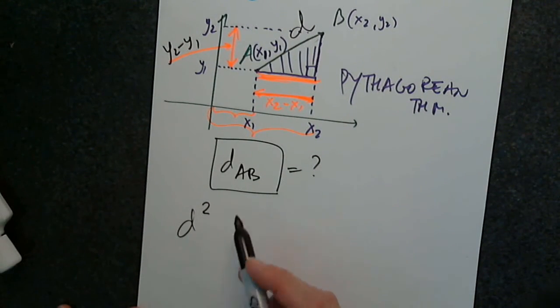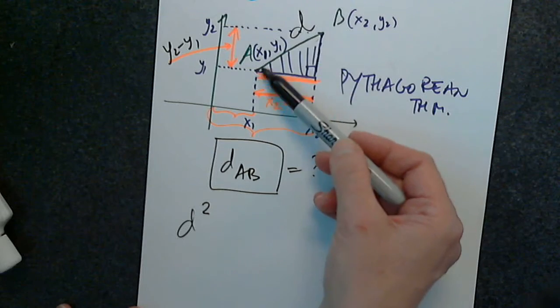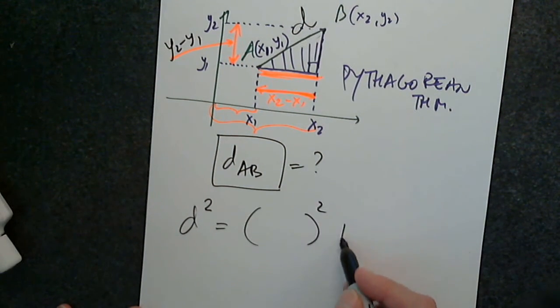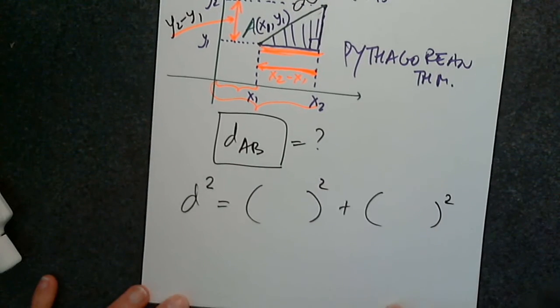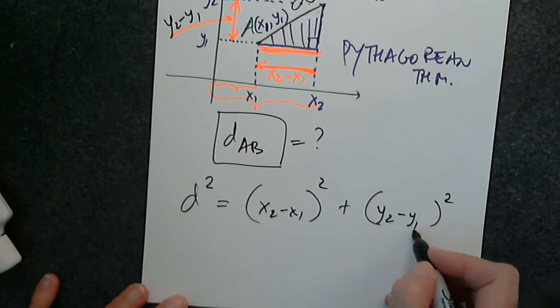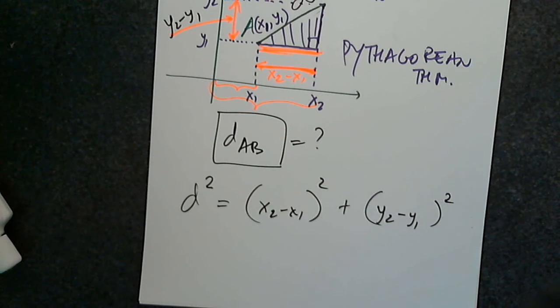Squared. By the Pythagorean theorem, the longest side squared equals the sum of the squares of the 2 legs. When I ask my students, please tell me the Pythagorean theorem, they say a squared equals b squared plus c squared. No. Because you haven't told me which one is A, which one is B, which one is C, right?